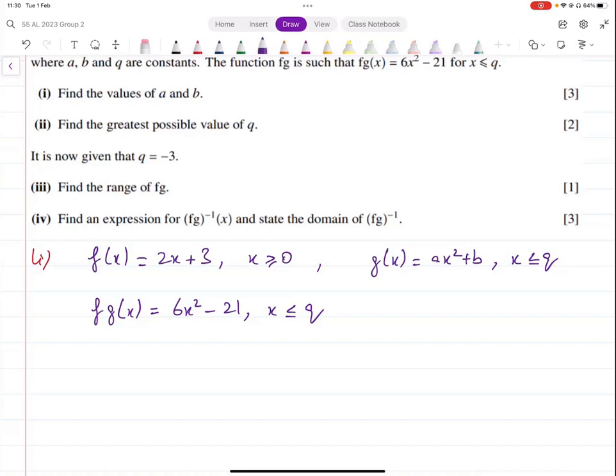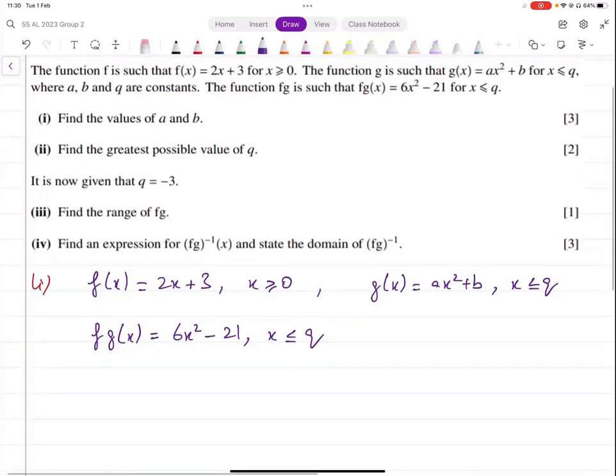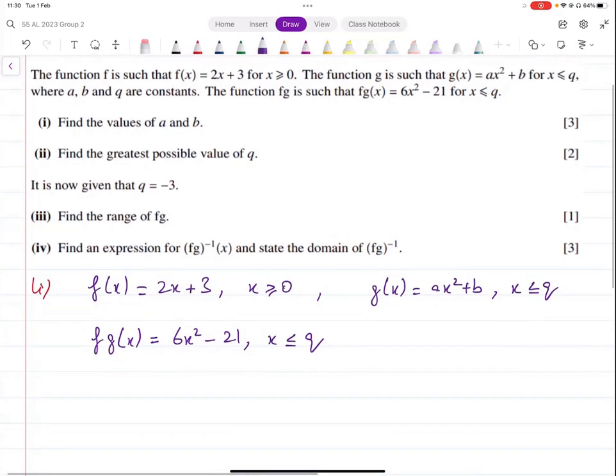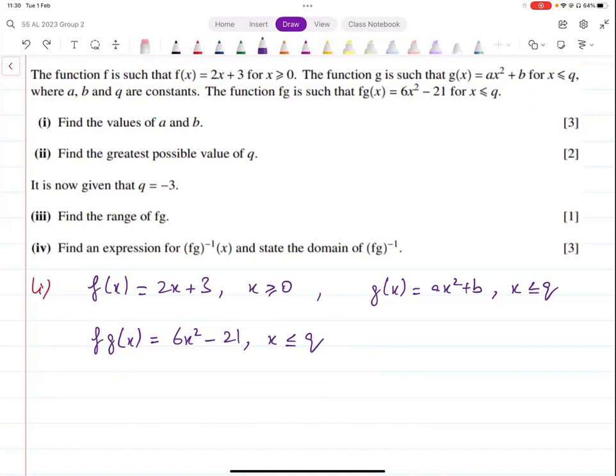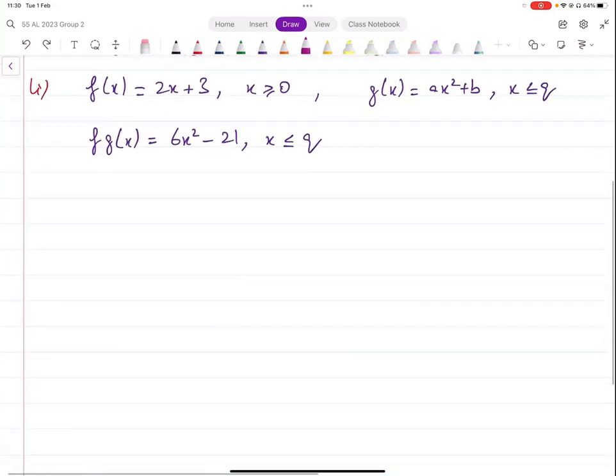Now, first of all, we have to find the values of a and b. A and b are two constants, and we need to figure out their values. How do you find them? We can find our own fg of x. We have the function f, we have the function g. We find fg of x ourselves, and then we just compare it with what's given there. How do you evaluate fg of x?